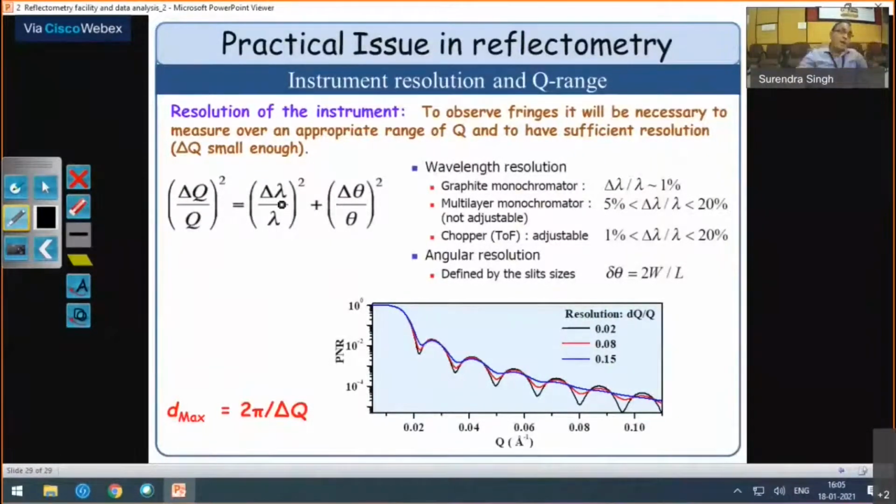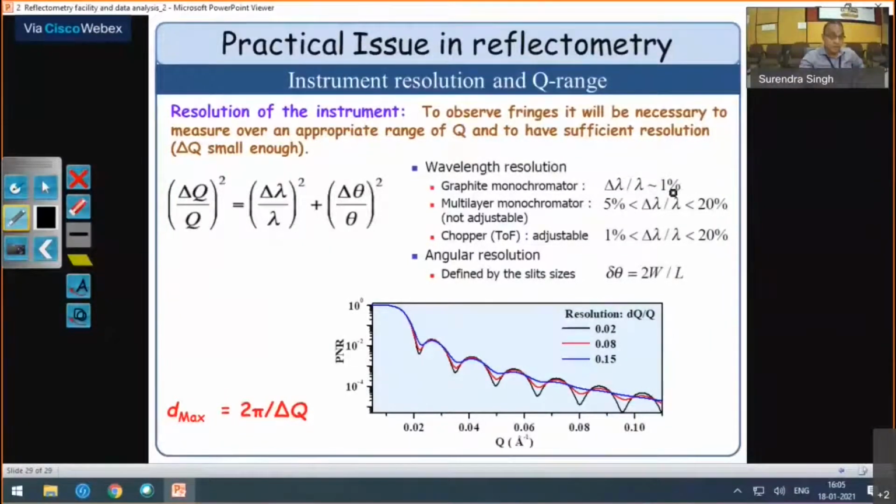And delta theta is coming from your collimation, because you are cutting down your divergence, but still you have a divergent beam falling on the sample, and that divergence will give you a spread in the beam, delta theta. So in our case, mostly for reflectivity, if you have a monochromator based on graphite, this delta lambda by lambda becomes 1 degree.